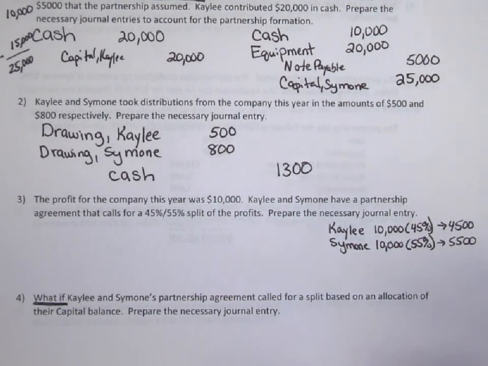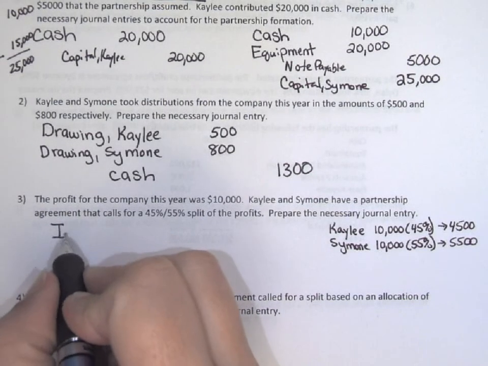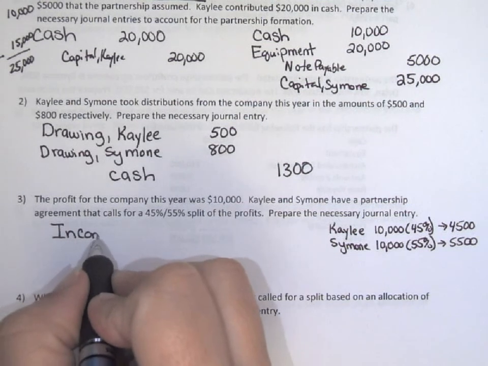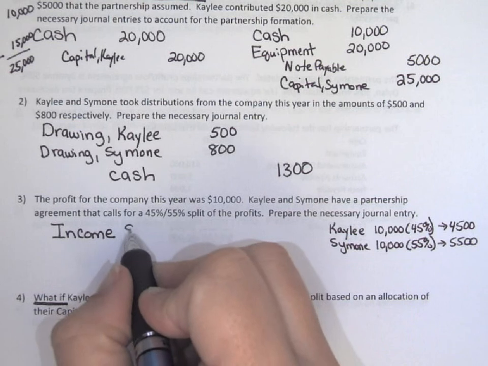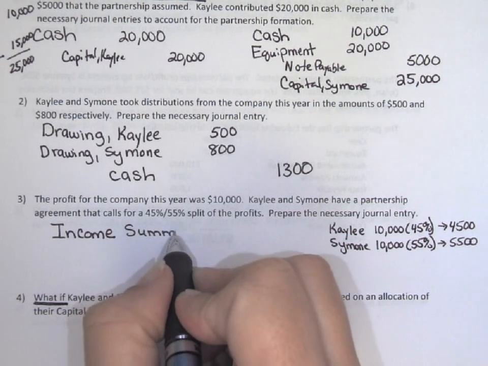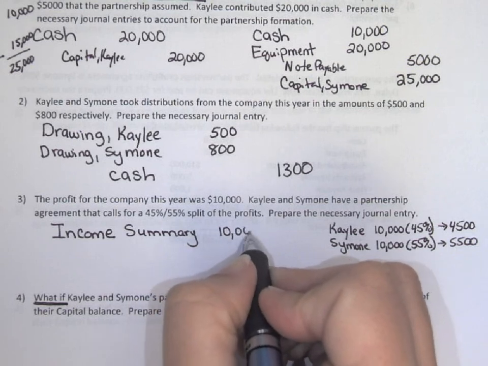So in doing that and looking at it, what we see is that we do have to make that journal entry to close out the income summary account into their capital accounts. So we're just moving that profit over, and the way that is done, because this is a profit amount, we would debit income summary for that full amount, so for that full $10,000.